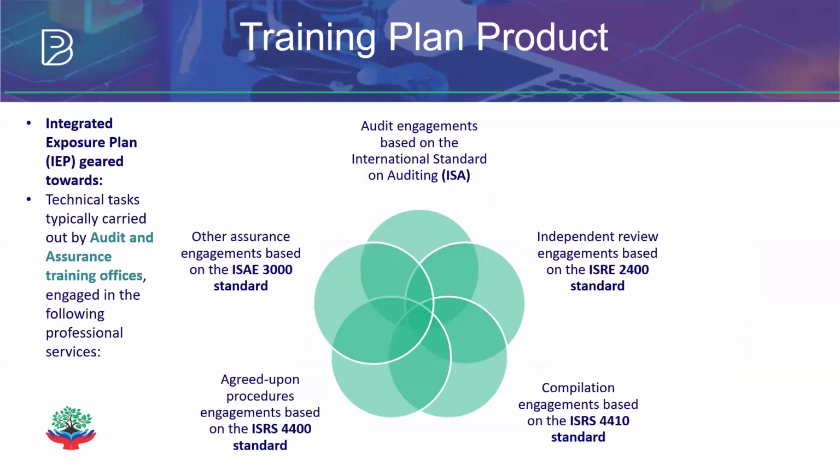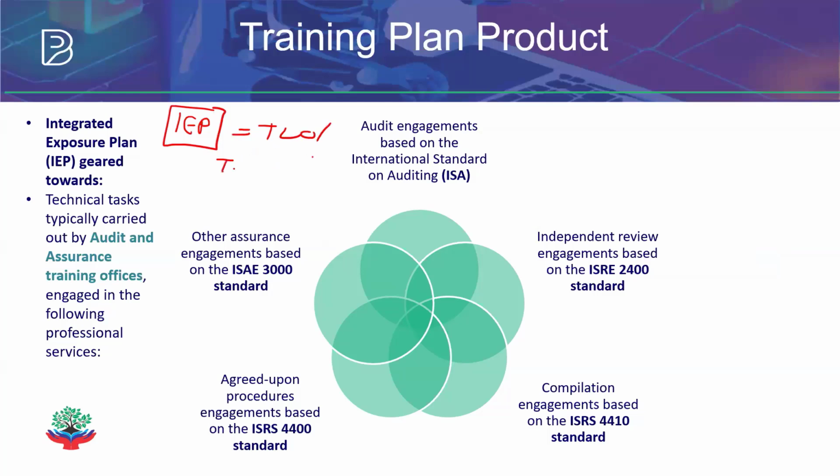Now, the key thing about our training plan is that we've tried to tailor it in such a way that it covers the following auditing or assurance standards, assurance and non-assurance. In the training plan product, there are 3 sheets. There are 2 sheets that you have to tailor. The sheet called IEP, Integrated Exposure Plan, that's code for technical learning outcomes.